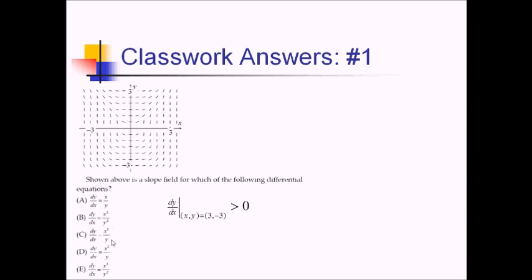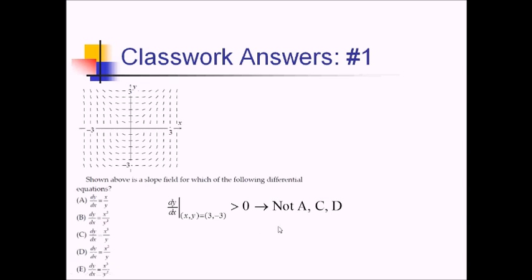That's a negative, so we can definitely eliminate C. For choice D, we've got a positive over a negative, so that comes out negative. We can eliminate D. And finally, choice E, we've got a positive over a positive if we square the negative 3. So at the end of the day, it looks like A, C, and D can all be eliminated.